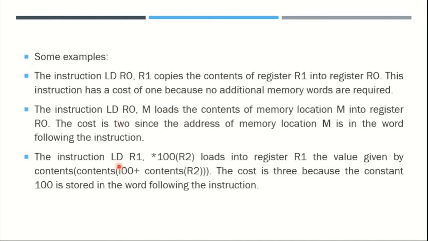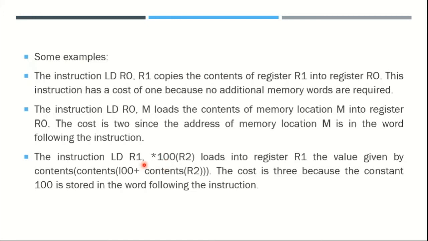In the same way we can consider one more instruction, LD R1, 100(R2). Here 100 is an offset which indicates some memory location. Whatever value is in that memory location is assigned to R1.